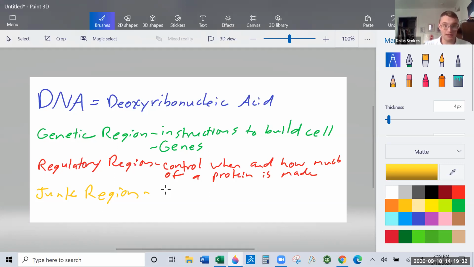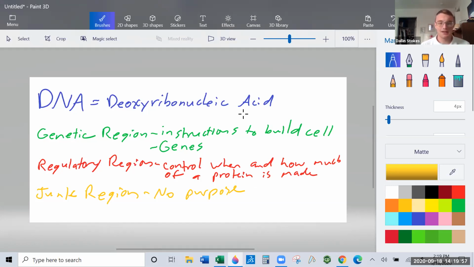Their job is to just be there. So you actually have junk DNA. In fact, most of your DNA is junk. Most of the DNA in your cells has no perceivable purpose at this time. So no purpose. It's just there, hence the name junk region.